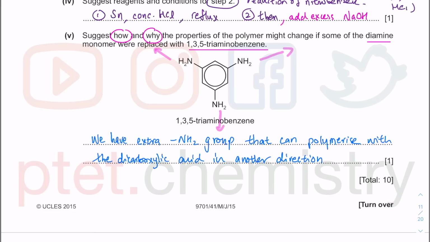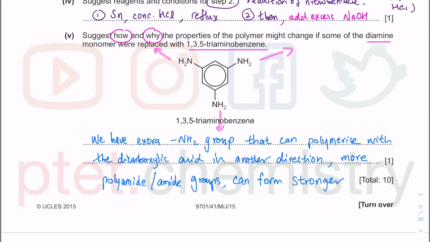Maybe. All right. Polymerize with dicarboxylate in another direction. More polyamide groups, or more amide groups, can form more hydrogen bonds, can form stronger hydrogen bonds between themselves. And if they can form stronger hydrogen bonds, what can we say about properties?